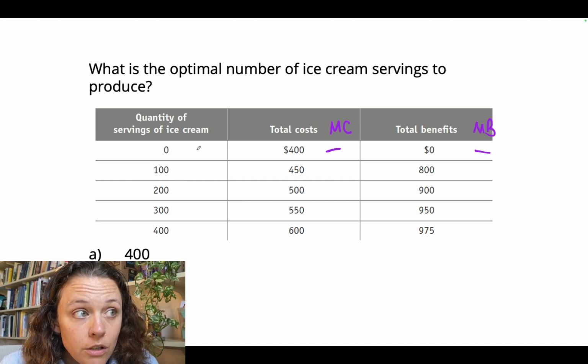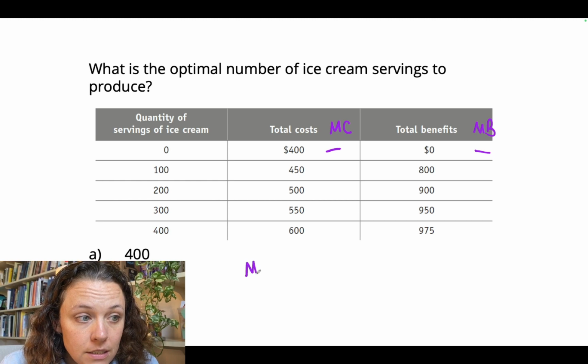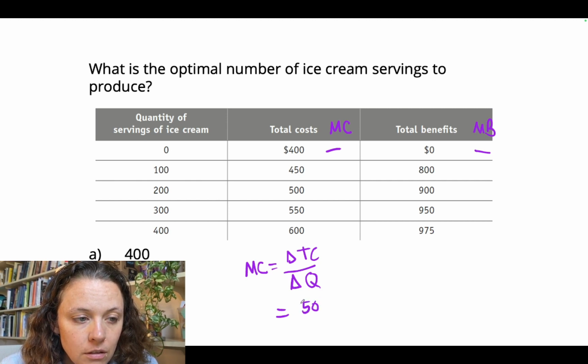Now, one thing to note here is that this is not a 1 unit increase. And we're going to remember that the marginal cost is going to be the change in total cost over the change in quantity. So for example, here, for the cost on that first one, it's going to be 450 minus 400 over 100 minus 0.